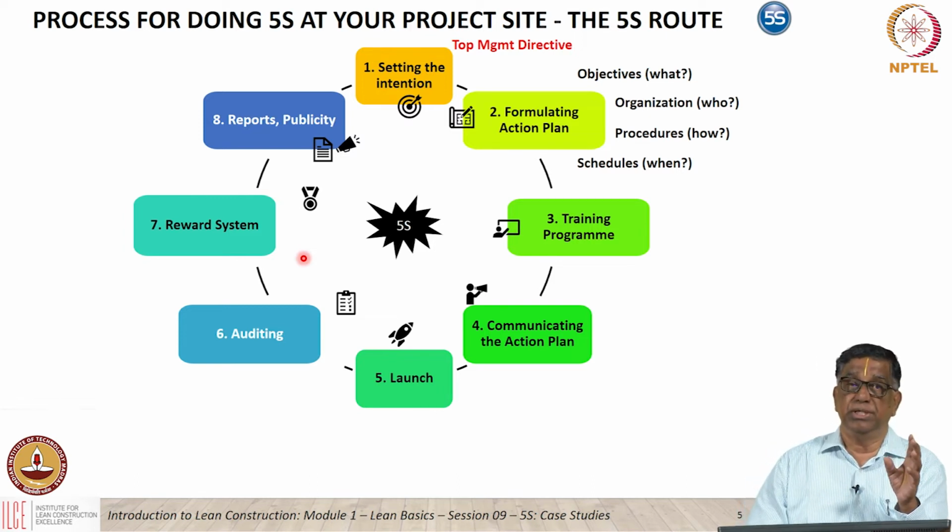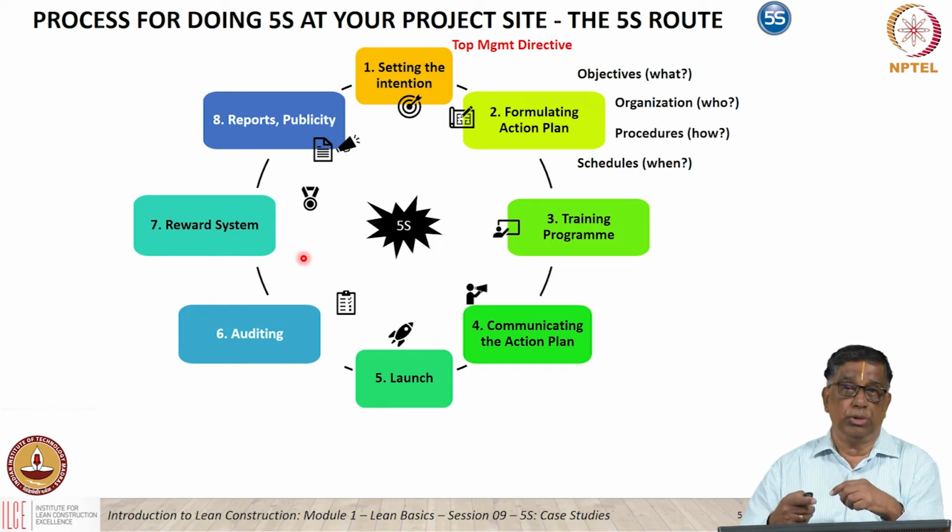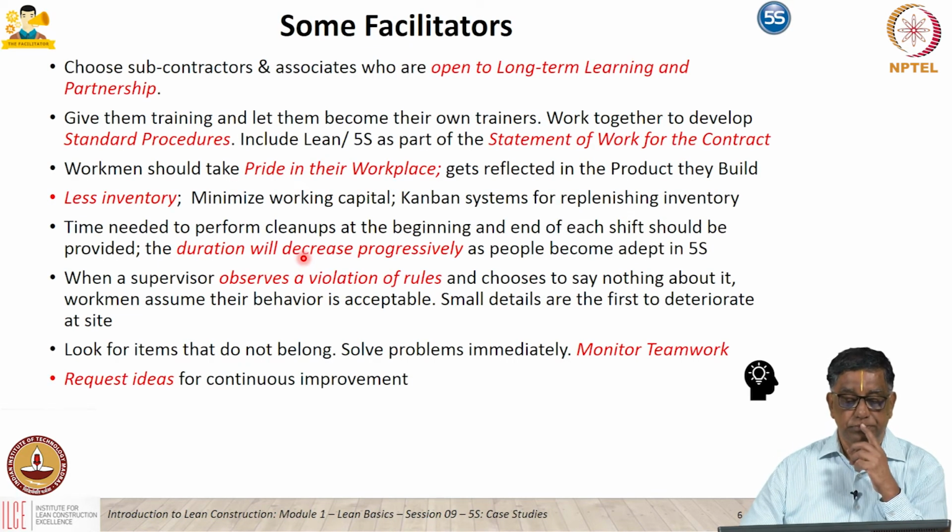These are the things which will make sure that your 5S launch is going well, and the people are all brought on board, and they all get to enjoy what they are doing with the 5S process. And then it will be sustainable, and the 5th S, sustainability, that will be fulfilled.